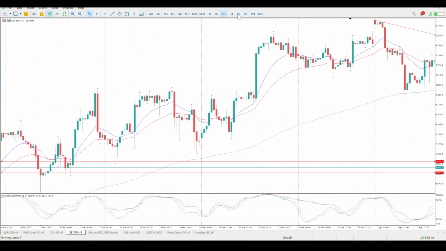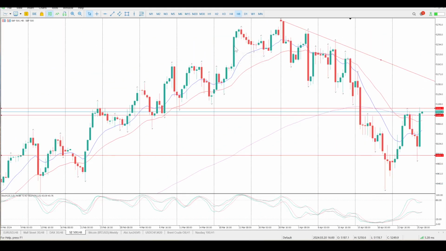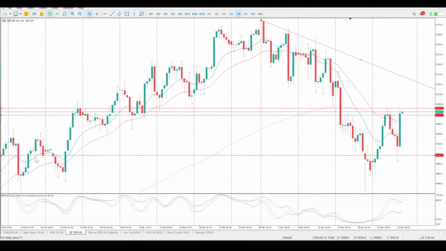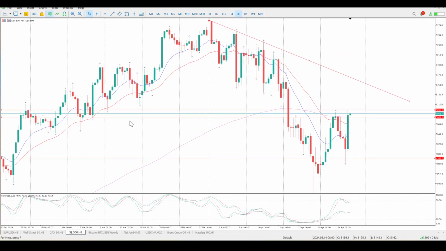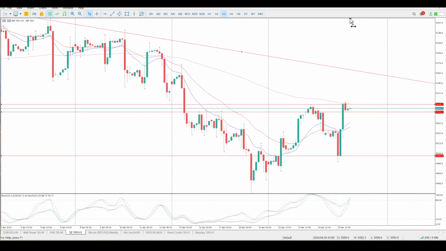I just want to check what we missed here. I suppose there was a bit of structure here. You can see fractal. There were fractals at 50.100, but not something that I was looking for. Anyway, let's just move on.